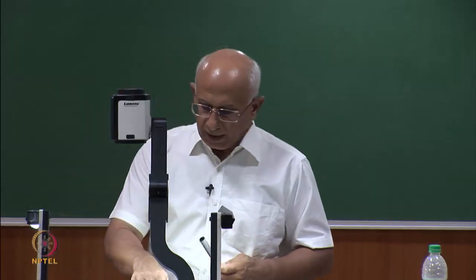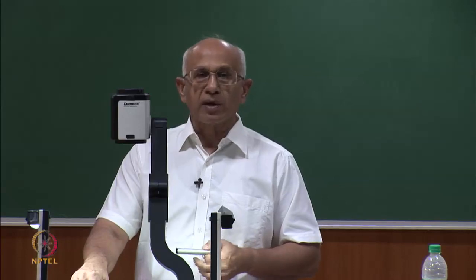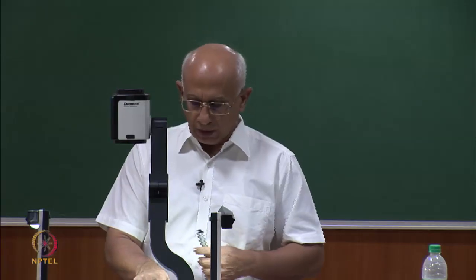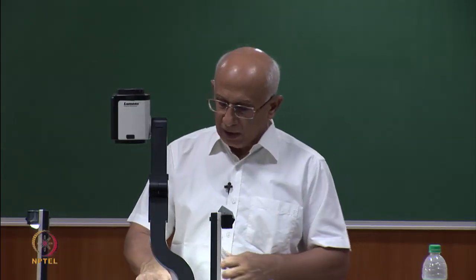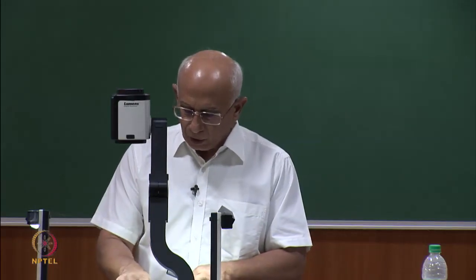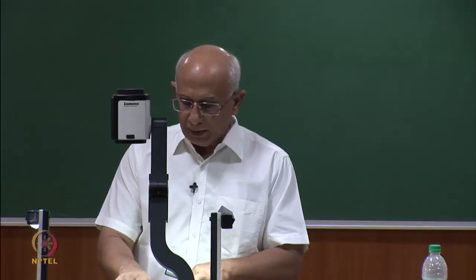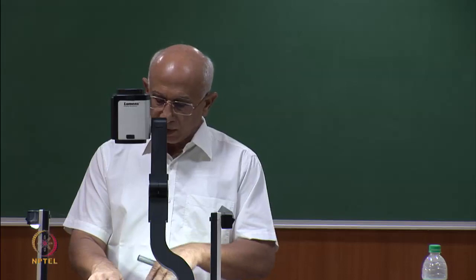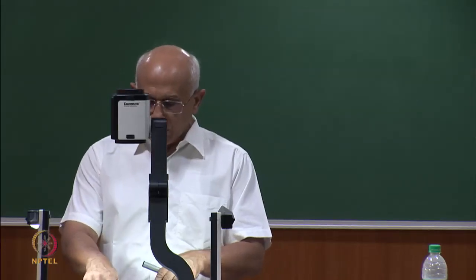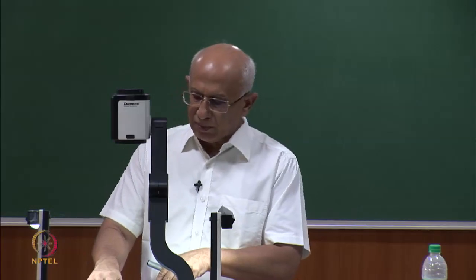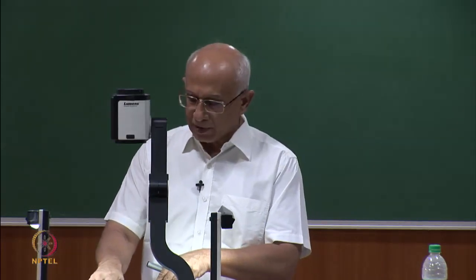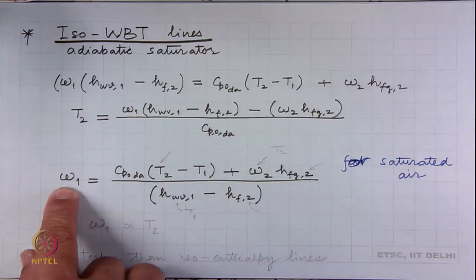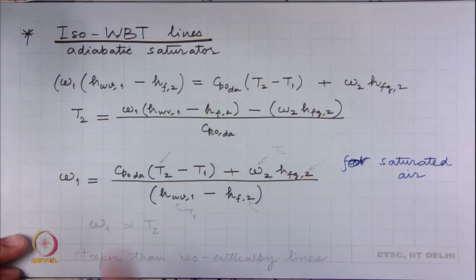When you do that, this was the expression for energy balance that we got after invoking the mass balance, and this can be rearranged so that T2, which is the thermodynamic wet bulb temperature, is given by this expression: omega 1 into enthalpy of water vapor in inlet state 1 minus HF, which is the saturated liquid state at temperature T2, into omega 2, which is the saturated state humidity ratio, times the specific enthalpy of evaporation HFG at temperature T2, divided by specific heat of dry air. We rearrange this and put omega 1 as a function here; this is the expression we get.